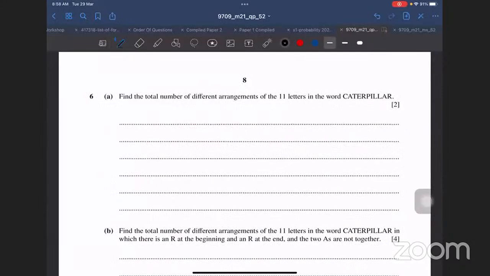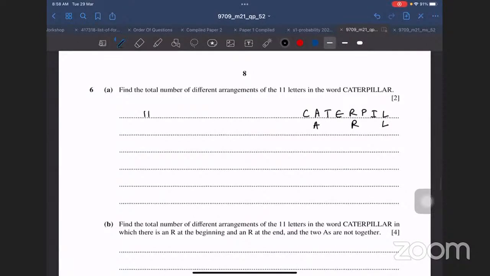And this question is about permutations. It says find a total number of different arrangements of the 11 letters in the word caterpillar. Okay. So that's 11 factorial, and the repetitions. So 2 factorial, 2 factorial, and 2 factorial.